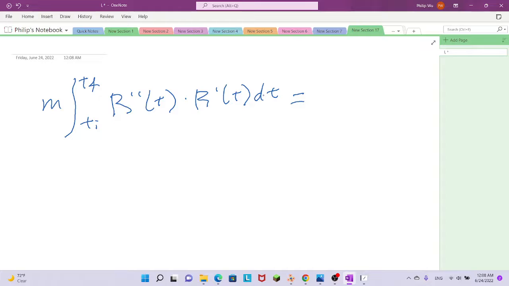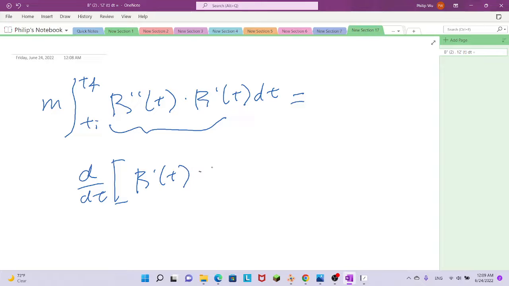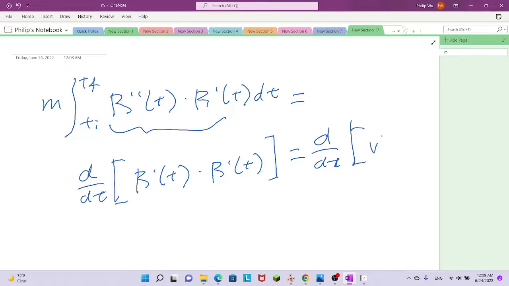If we look at what's inside here, this is actually just the time derivative of the first derivative of r dotted to itself. And using our previous definition, that is actually equal to d over dt of velocity squared.